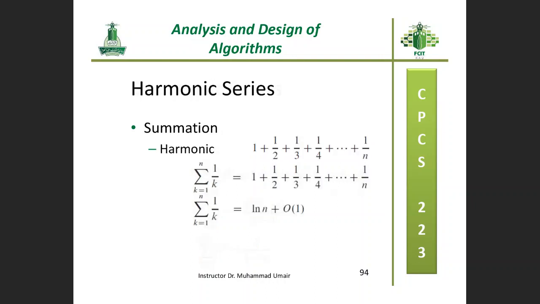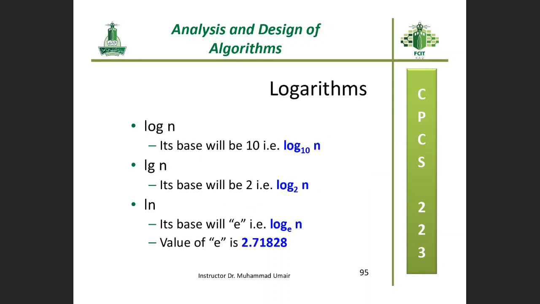If you want to go extensively into these series and formulas, in your reference book there is Appendix C. You can find the complete list of log formulas, summations, and all other basic mathematical formulas which you might need for the analysis. Is it clear? This is up to you. You have to revise this concept. Similarly, there are some basic formulas for log.